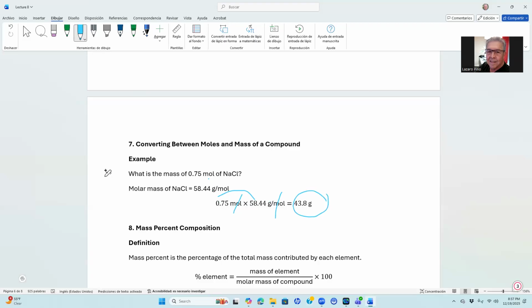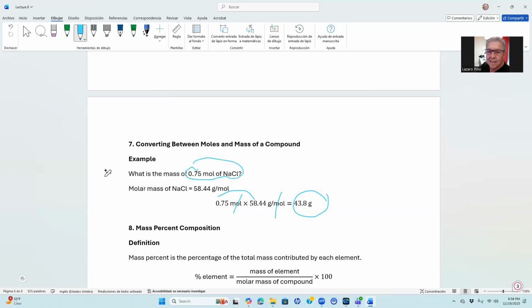This is the molar mass of sodium chloride, the mass of 0.75 moles of sodium chloride.